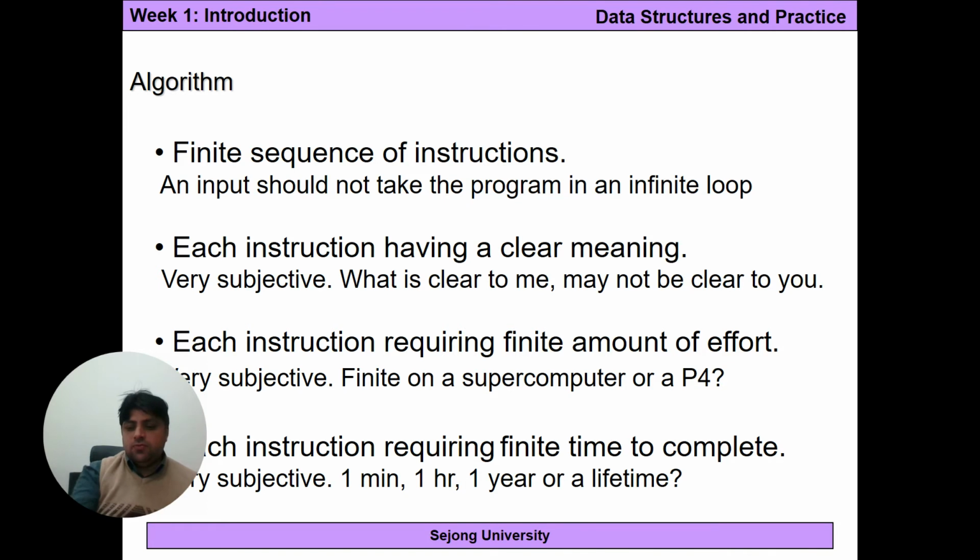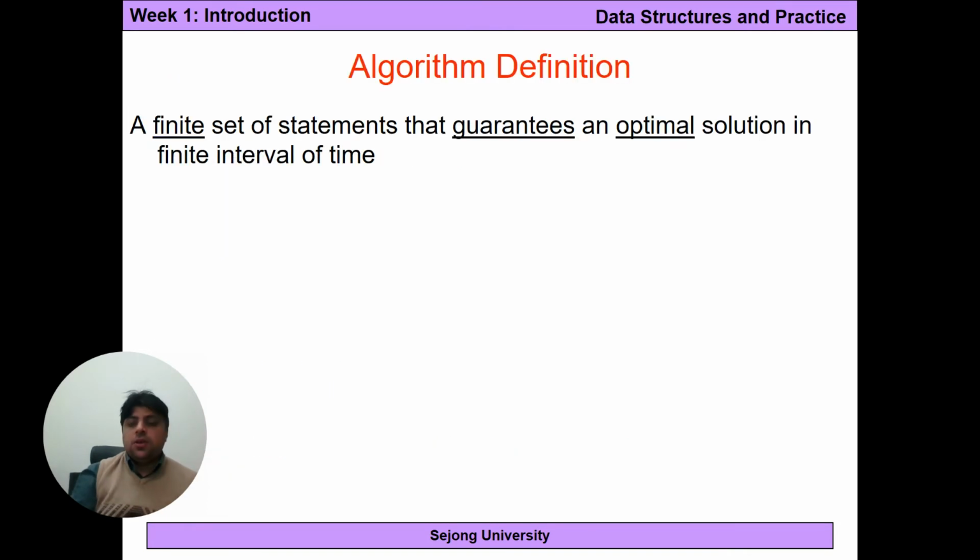Okay, let's move to the next. What is the definition of an algorithm? A finite set of statements that guarantees an optimal solution in a finite interval of time. This is our algorithm definition. The three most important things are: finite set, guarantees, and optimal.